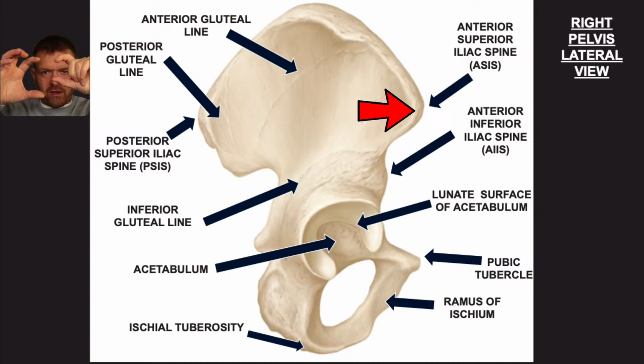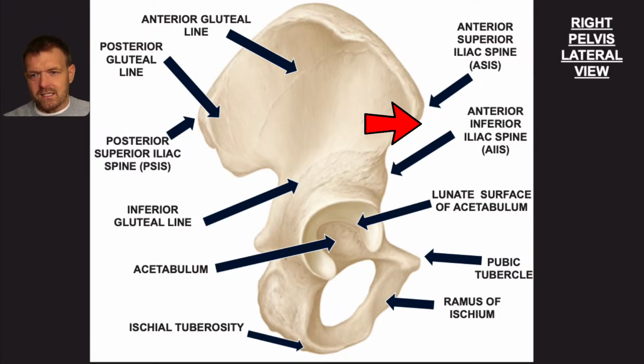So you can have one that's that long, one that's that long. So when you feel the ends of the bone, you go, oh, this one's rotated forward, that one's rotated backwards. It may just be that the ASIS is shorter on one side and longer on the other, or the other way around. Okay, so again, it's not a very reliable measure for any kind of decision making.